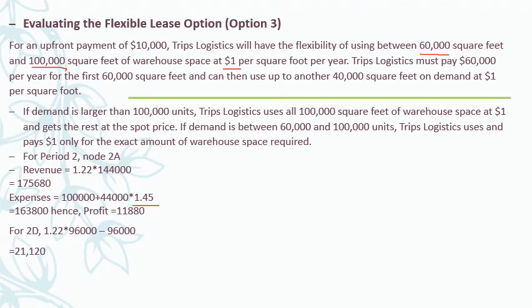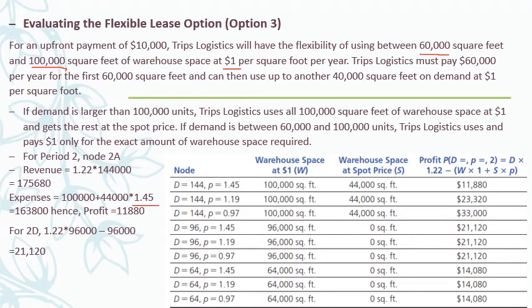For node 2D, same procedure. Revenue is equal to 1.22 multiplied by 96,000, minus 96,000 only here. Why 96,000? Let us see that, 1D. See, the demand is 96,000. Should you pay 1 lakh here? What had you paid in the previous option?